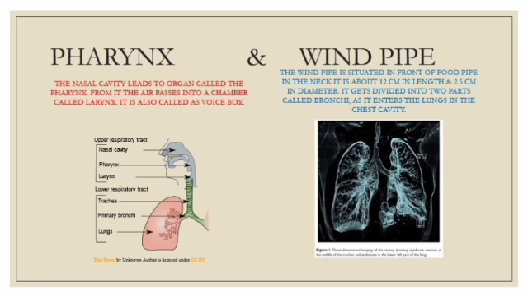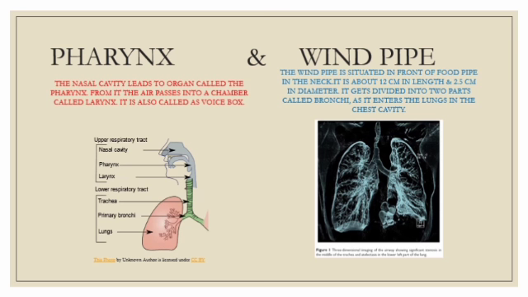We will learn about all those. So the first part in the respiratory system is the nasal cavity, and then comes the pharynx. The nasal cavity leads to an organ called the pharynx, and from the pharynx the air passes into a chamber called the larynx, also called the voice box.